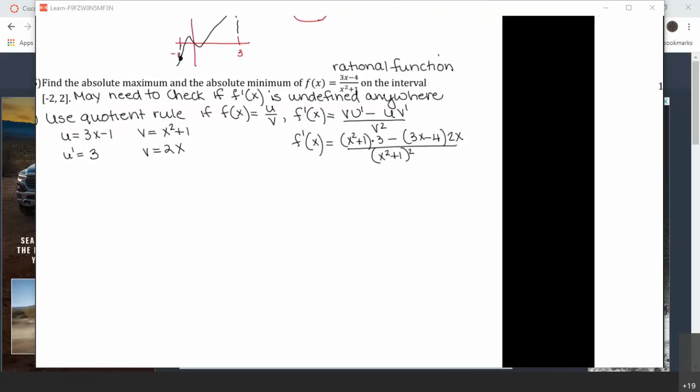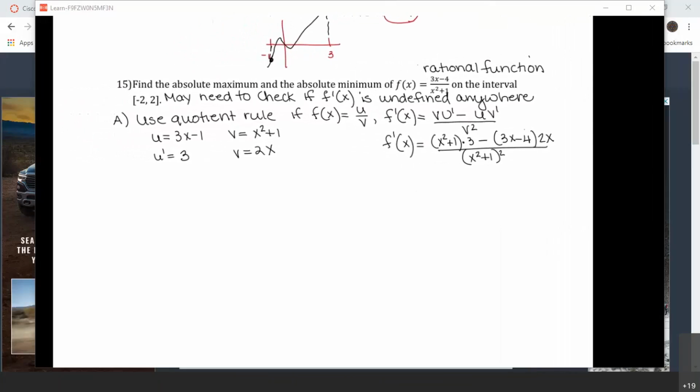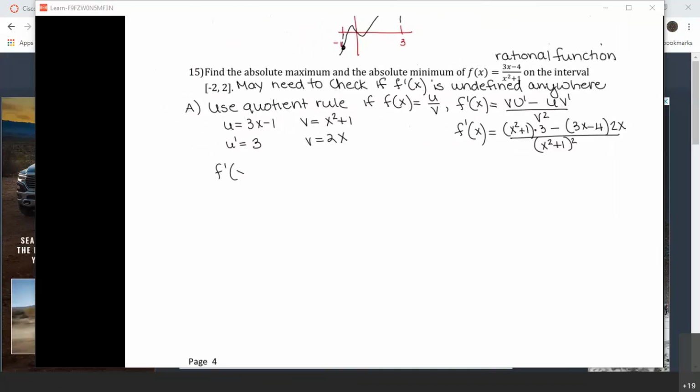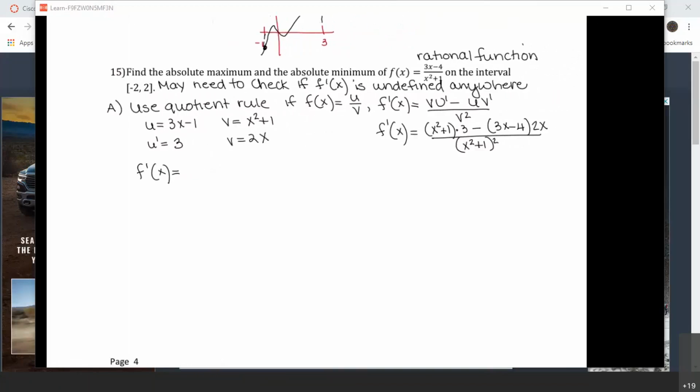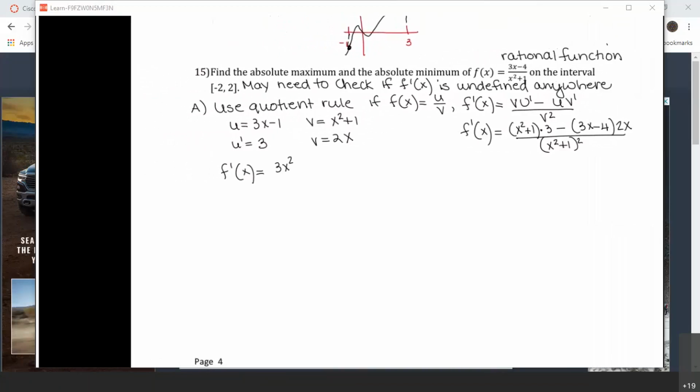I need to set this thing equal to 0 and figure out if there are any x values that make that happen. Okay, so see this mess up here in the numerator? I want to simplify that, only because I'm going to do more work on this function. So I'm going to do a little bit of algebraic simplifying. Okay, so the first thing I'm going to do is multiply everything in that first set of parentheses by 3.